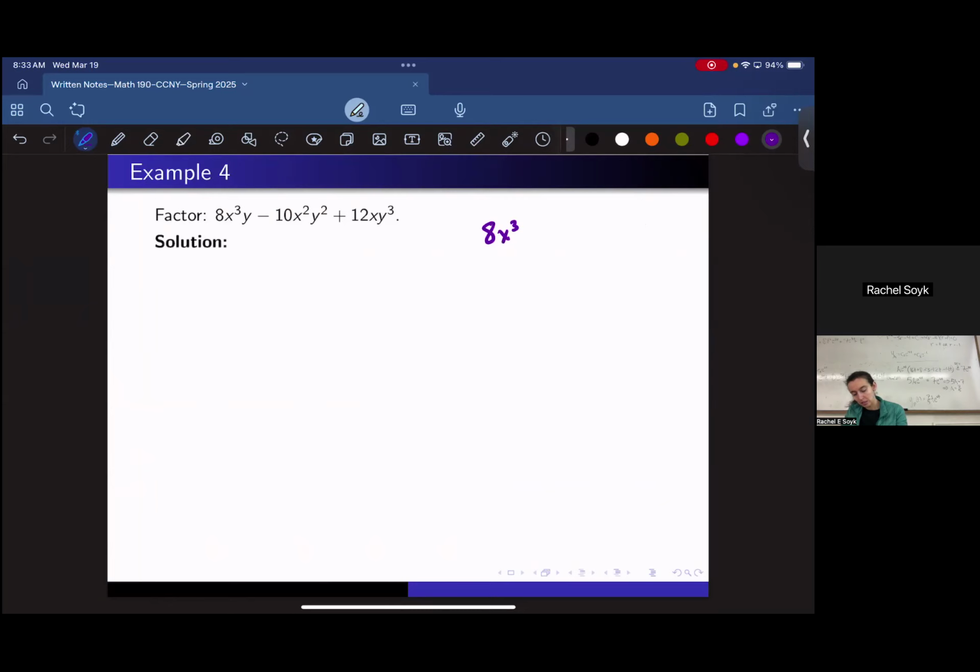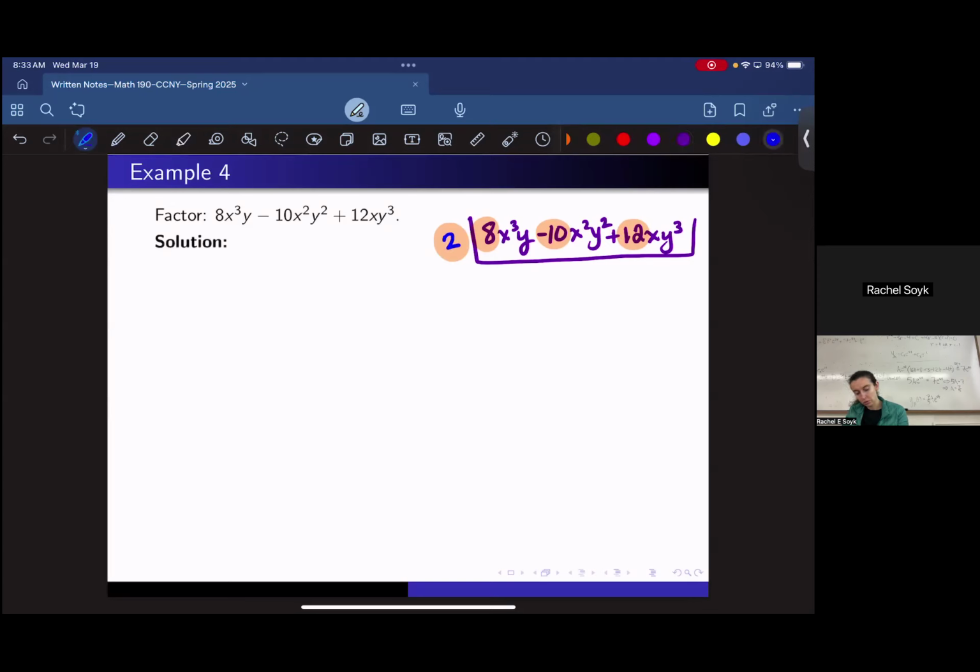Once again, see if you can pull out a greatest common factor first before jumping into our special factoring abilities. Look at the coefficients. Can we pull out a GCF between 8, negative 10, and 12? Good.